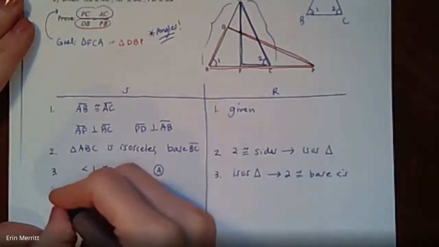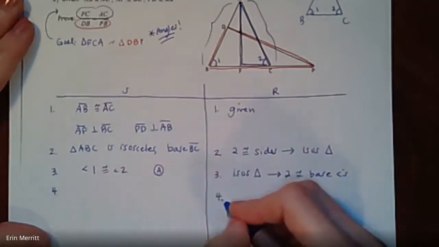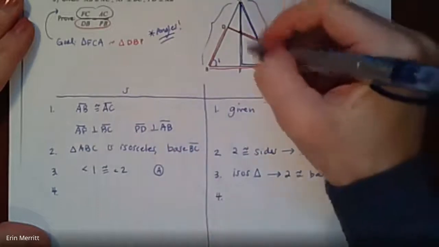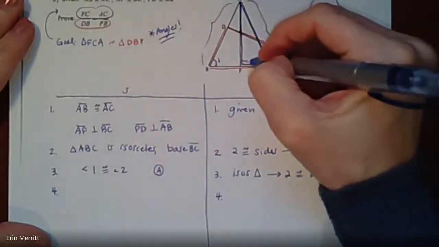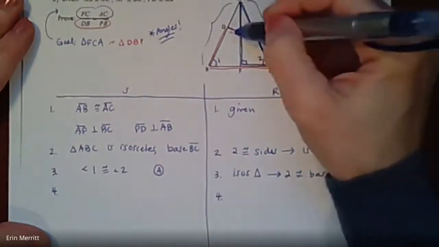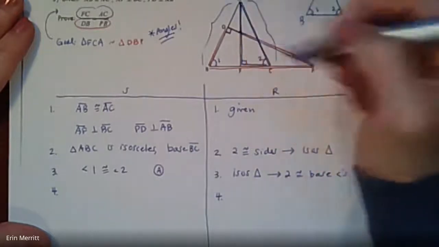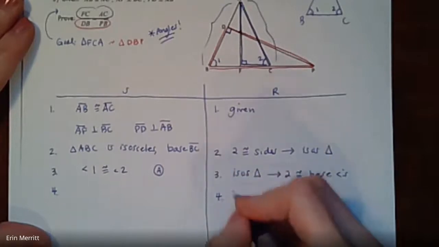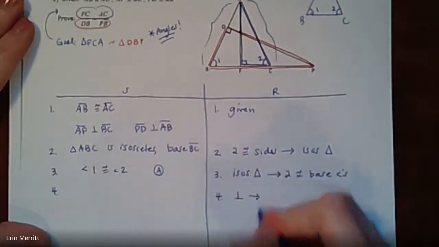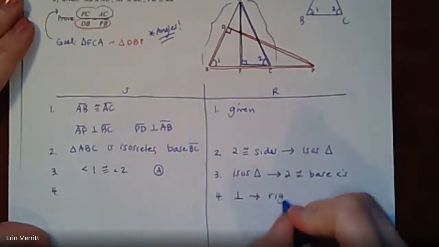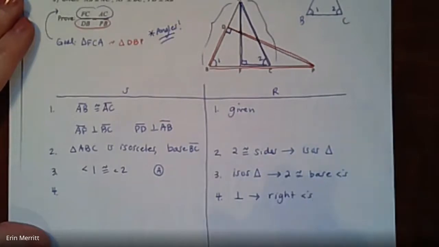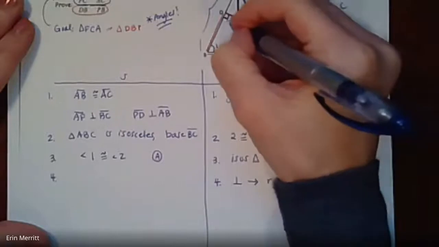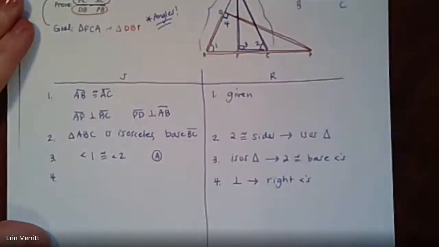Now what we need is a second pair, and that's where the other givens come into play. We've got perpendicular lines. So AF is perpendicular to BC, and then PD is perpendicular to AB. It takes a few steps, but we know how to do it. Perpendicular lines implies that we have right angles. And so over here, I'm going to make that angle 3 and make that one angle 4. Feel free to use the letters.